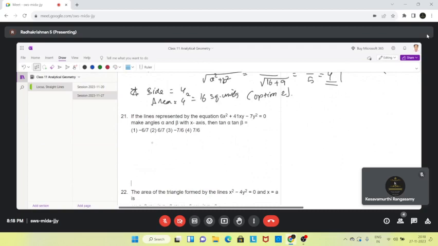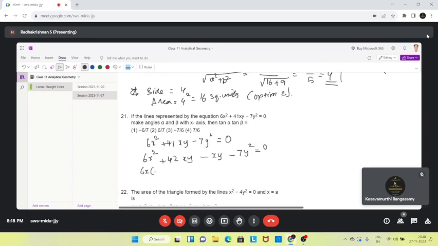First of all, we'll solve this equation, 6x square plus 41xy minus 7y square equal to 0. This is a quadratic equation, so we can write it as a product of two factors. Those two will become the two lines represented by this equation. Here the product is minus 42, sum is plus 41. That means 6x square plus 42xy minus xy minus 7y square equal to 0.